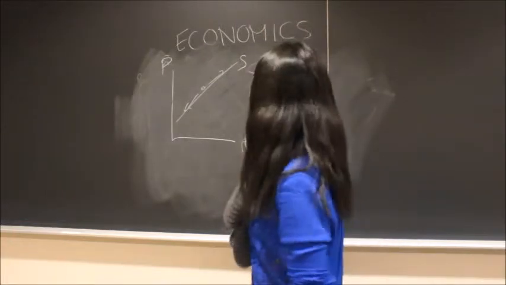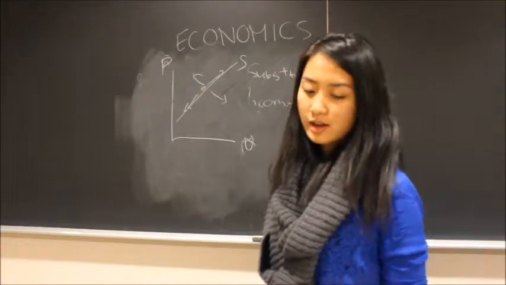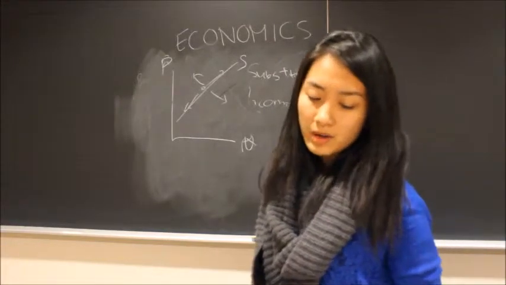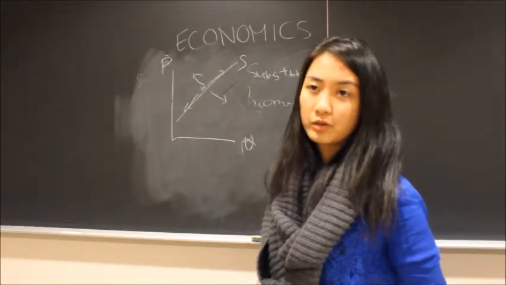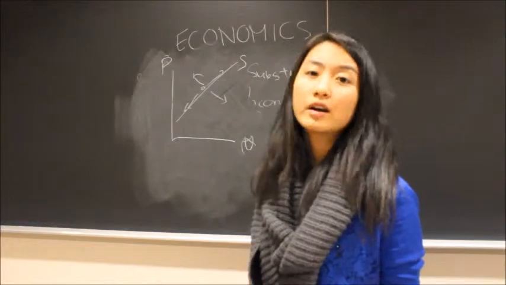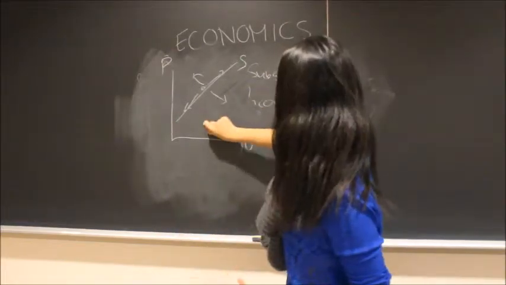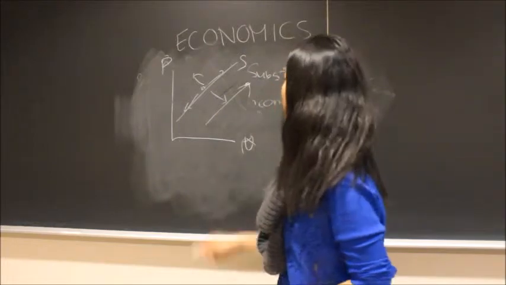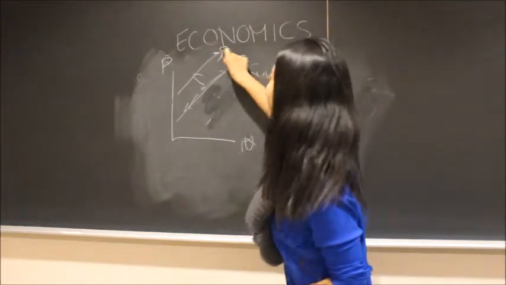And if there is a shift, from exogenous factors, some of the reasons are prices of factors of production, let's say an input. So for butter, it would be the cost of, let's say, milk to create butter. If that increases, then supply will go down, it will lessen, sorry.